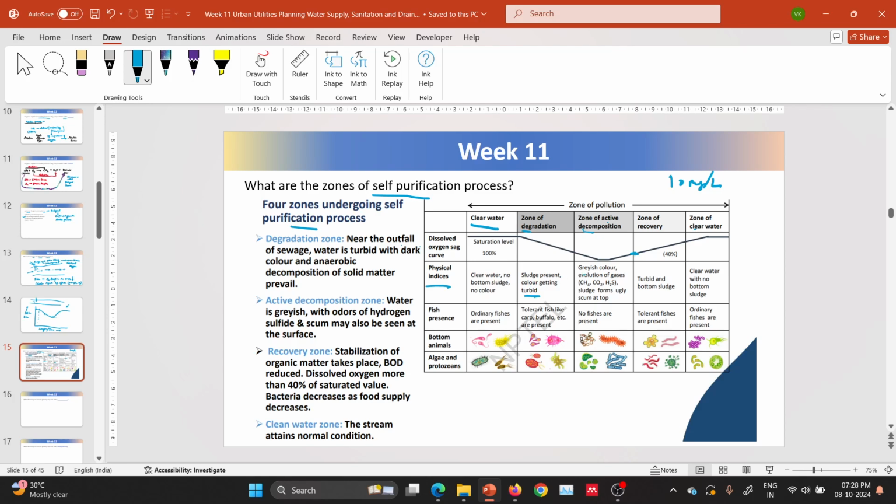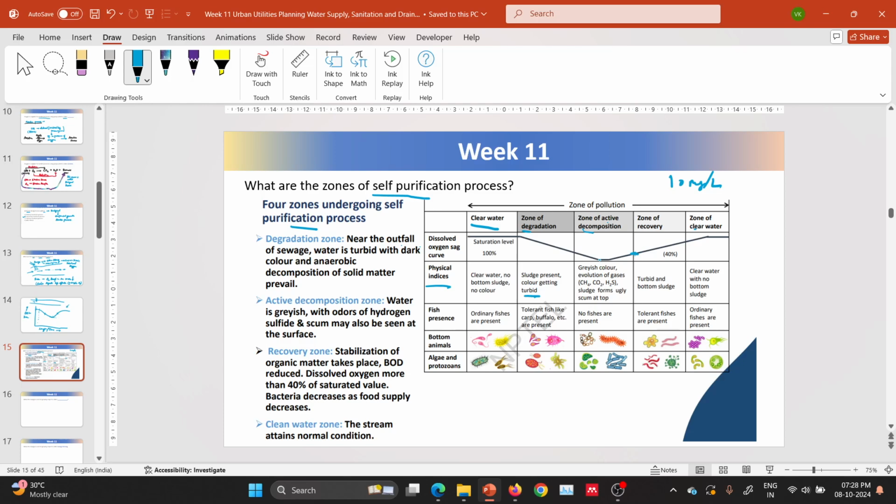Color is more turbid in the zone of active decomposition. We can see a grayish color, and the gases will start to evolve because in the active decomposition zone, the DO level is very low. So anaerobic decomposition will occur, and that will produce methane gas, CO2 and H2S gas. So CH4 and H2S are the gases produced from the anaerobic digestion.